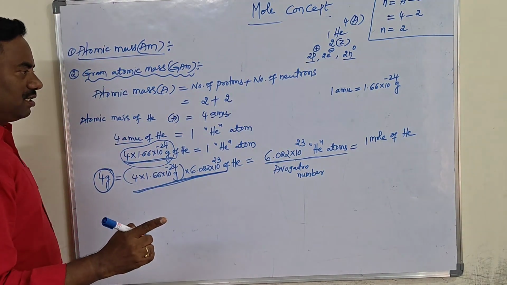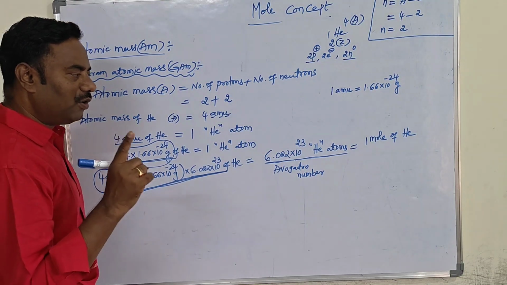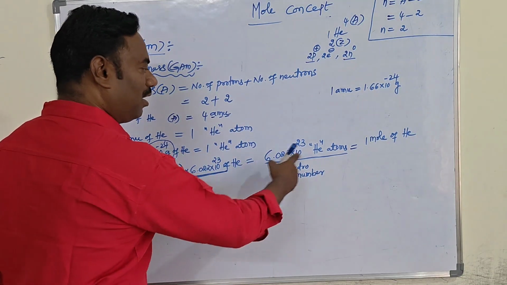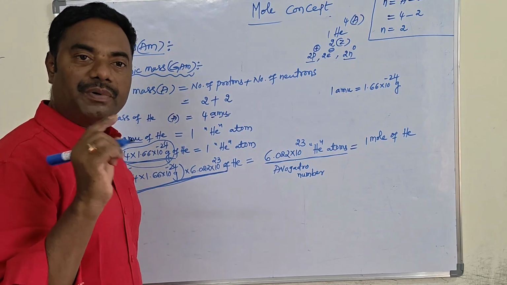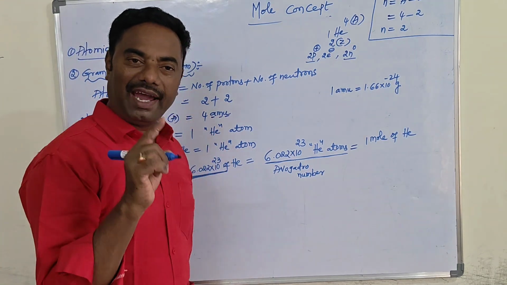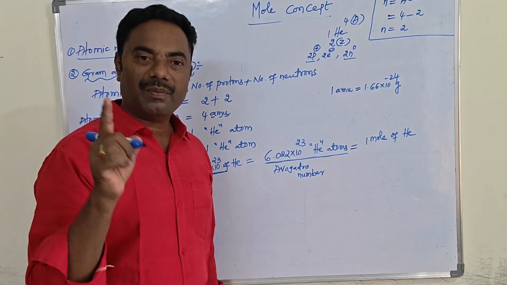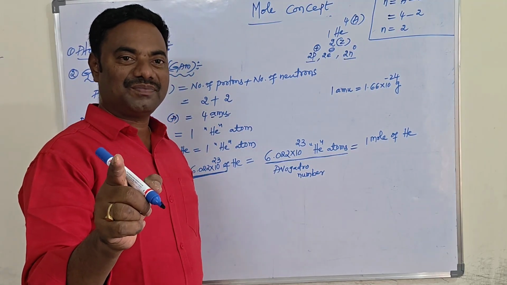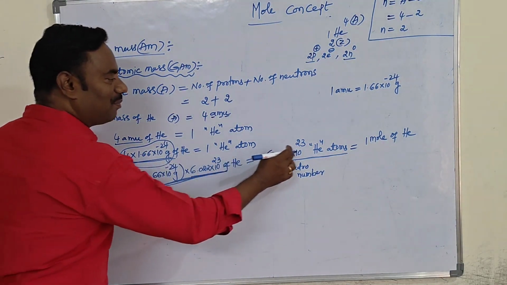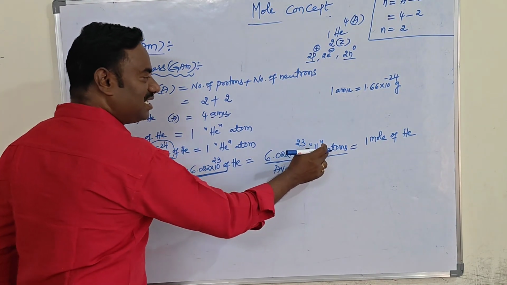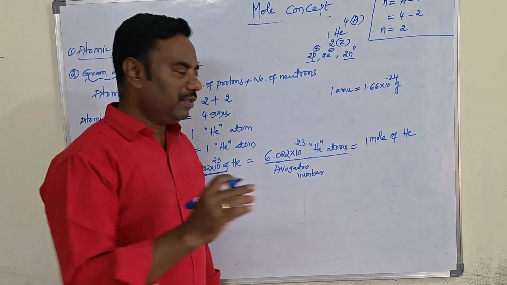The mole definition is the amount of substance which contains Avogadro number of particles, which may be atoms or molecules or ions or electrons or protons or neutrons. This is the amount of substance in which these many atoms are there, so it is equal to 1 mole of helium.